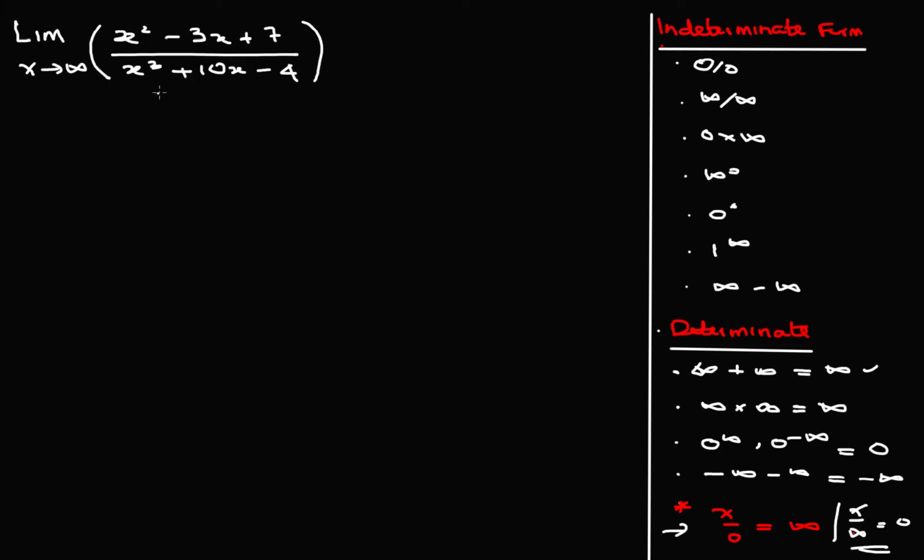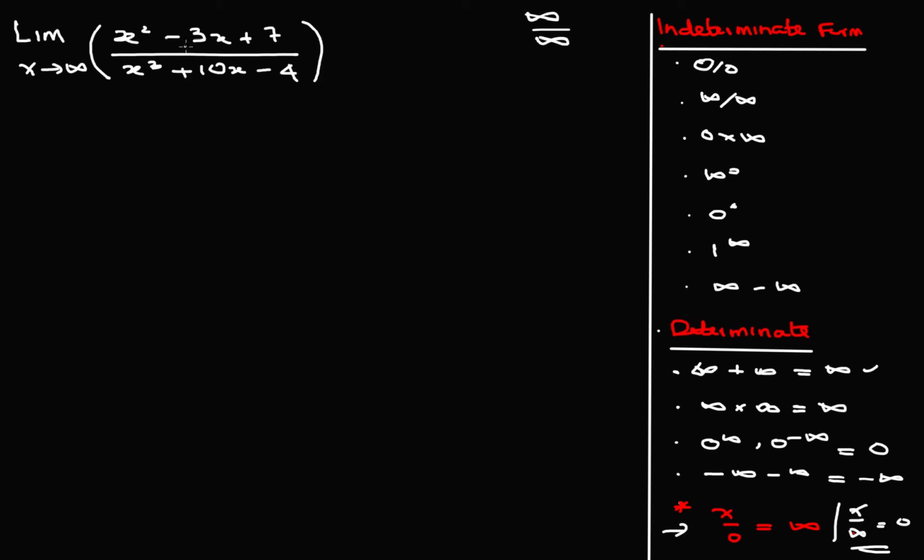Alright, how about this one? If we replaced infinity here, we're going to get infinity. How about here? We're going to get infinity. I hope that now we know why, because if this is infinity, I take away some form of infinity, we'll still have some infinity there that we don't know. Even here, we'll have that same situation. In fact, this one quickly gives us indeterminate form because we'll have infinity minus infinity here quickly.